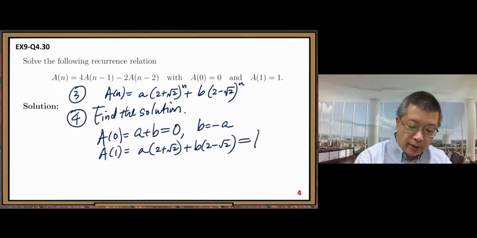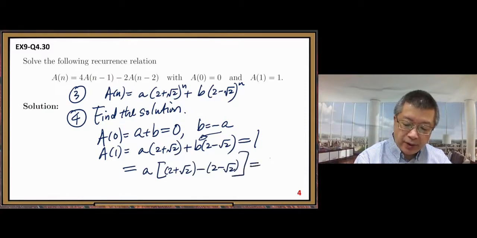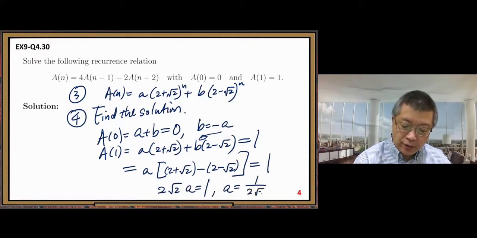If we replace b by negative a, we get a times 2 plus root 2 minus 2 minus root 2 equals 1, right? Simplification of the number inside the brackets, 2 root 2, right? 2 root 2 times a equals 1. So a equals 1 over 2 root 2.